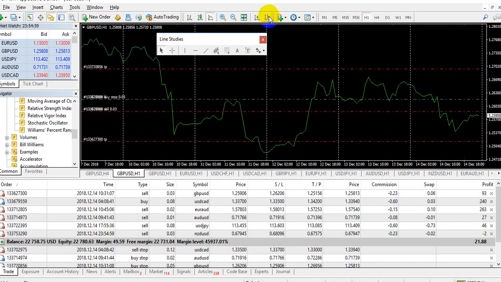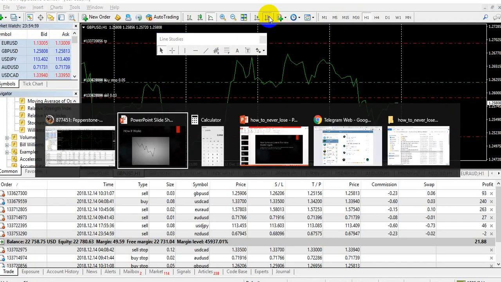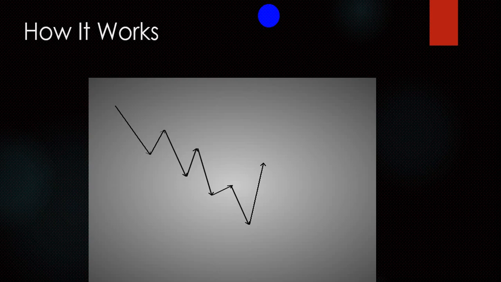And so when you are trading, the similarity between gambling and the forex market is that when you're betting, there are just two outcomes, right? Heads or tails. In the forex market, it's the same thing.